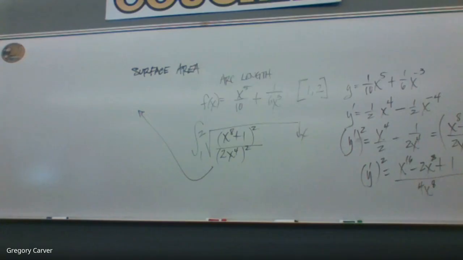So we're not including the plus minus? Yes, yes, yes. So y prime squared plus 1 is this, because I had negative 2x to the 8th plus 4x to the 8th. Negative 2 plus 4 gives you plus 2, right? Wait, so then why does the y prime have a plus?